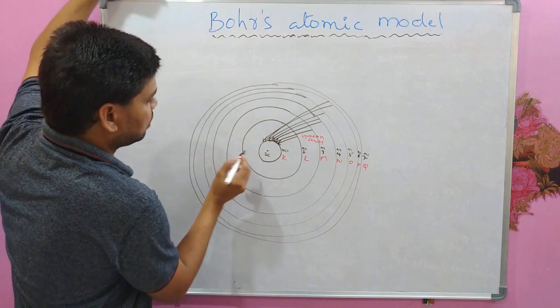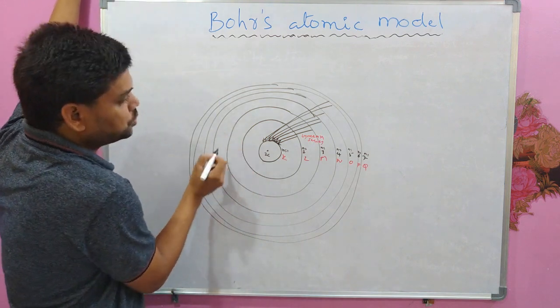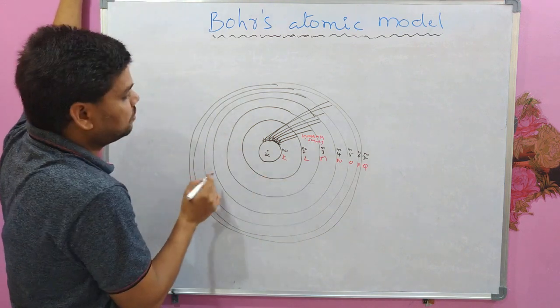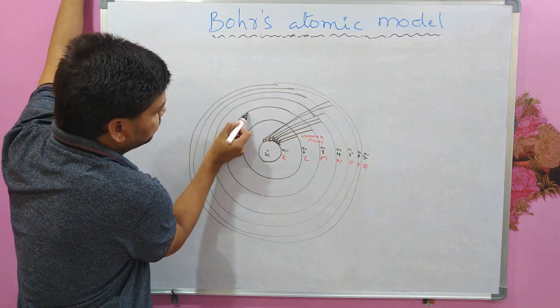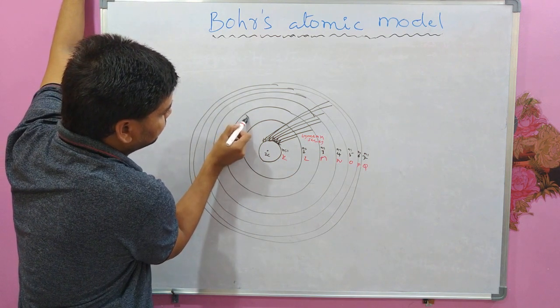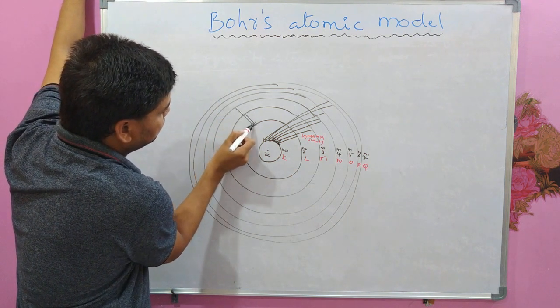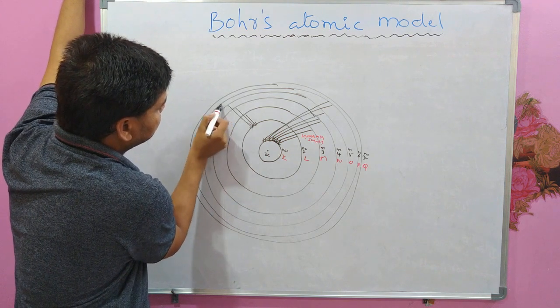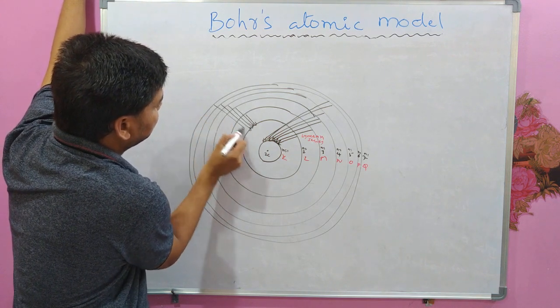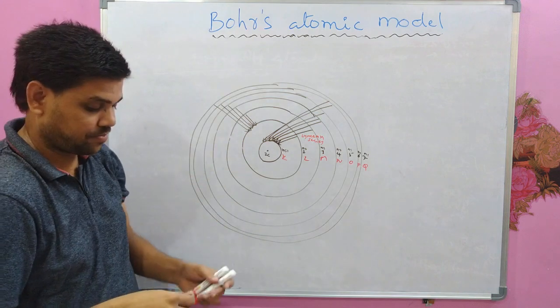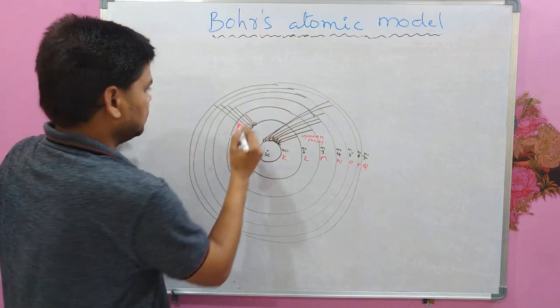And if the electron is coming to n equal to 2, that is the second orbit, from higher orbits, then you can have it like this. These are the possible transitions, and this is Balmer.